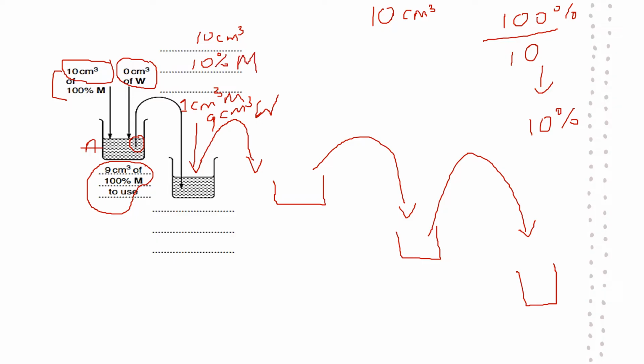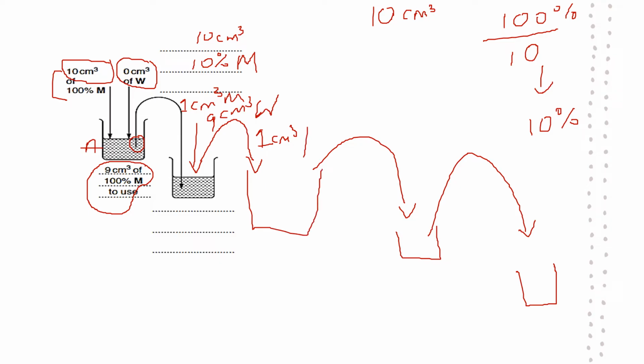All right, and obviously from here you repeat the same step. You take 1 cubic centimeter into the next beaker, which I haven't done properly. I'm just going to redraw that so that you're not confused.